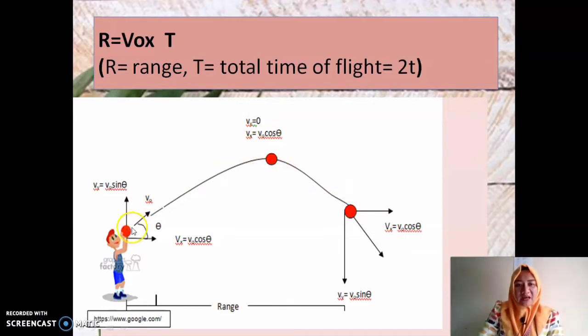So the total time is the time from the initial position to the maximum position plus the time from the maximum position to the final position, and that is what we call our total time of flight. So T is equal to 2 times the smaller t.